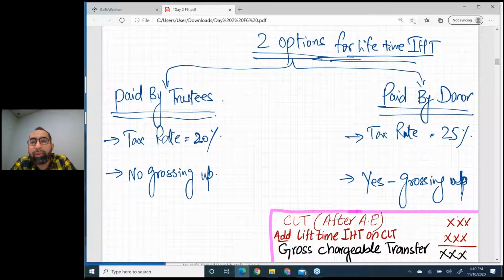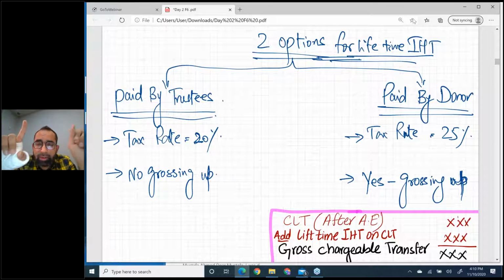Now for lifetime IHT on CLT, which means the first installment which we pay in the year of gift, there are two options. Either trustees can pay this first installment. If the trustee pays this first installment, then the tax rate to be used is 20%.